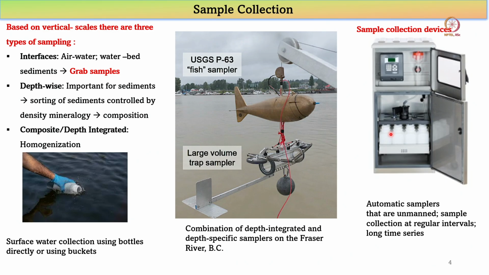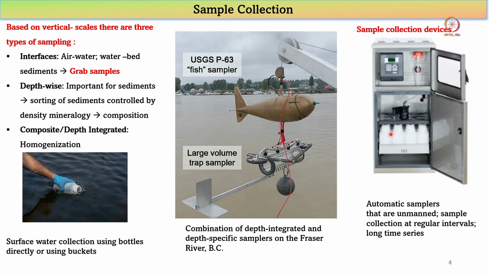So if you are taking water on a daily basis, so every day you need not visit, you have an automatic station that will collect the water for you, and again it depends whether it is filtered water or unfiltered water. The important aspect of this is that the collection takes place at very regular intervals, and therefore you can have the sampling for a very long period of time.